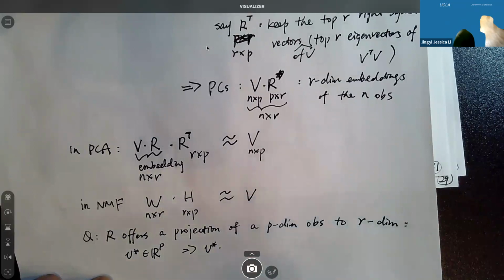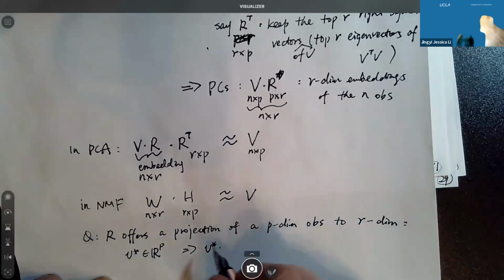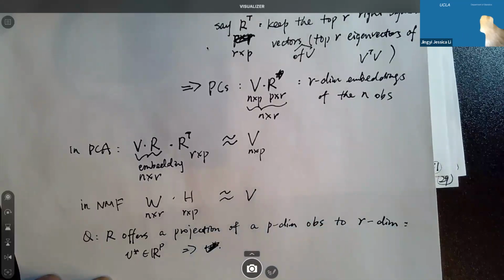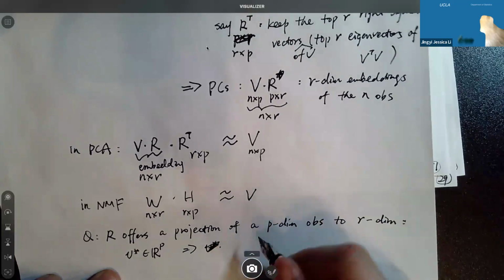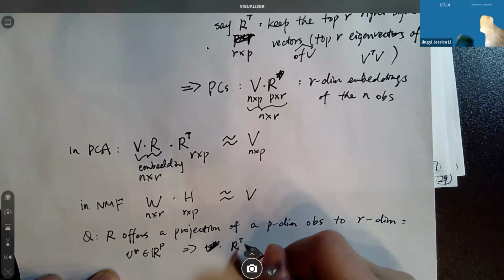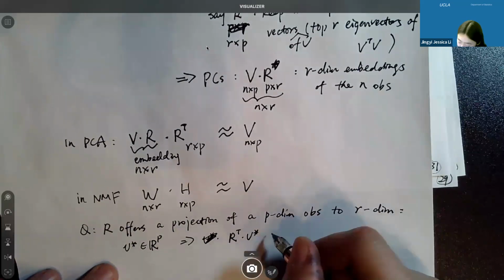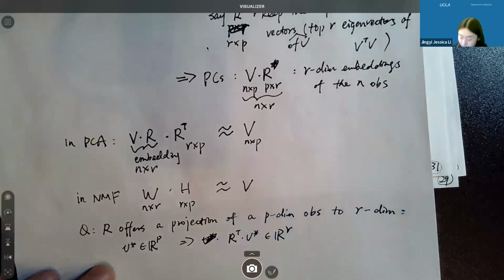If we want to make it R-dimensional, this is already a column vector, so I can do R transpose times V star. This will give me an R-dimensional vector.